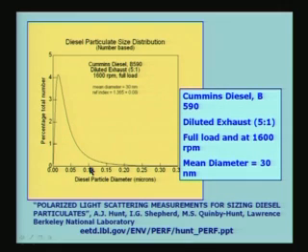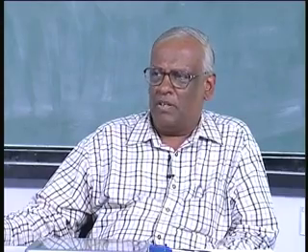It just gives you what is called the particle diameter distribution. That means that the particles are all not of the same diameter, they have different diameters, and there is a distribution. But in this particular example, they were running a Cummins diesel V590 engine, and the exhaust was taken from the engine and diluted in the ratio of 5:1, so that the smoke concentration has been reduced and it can be measured easily.